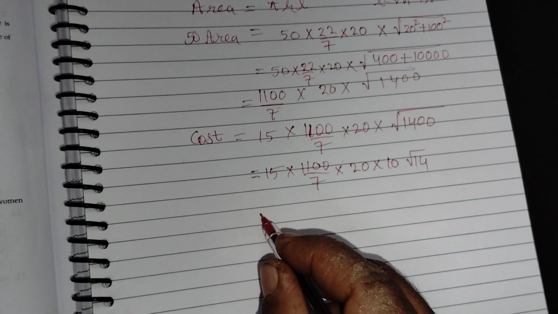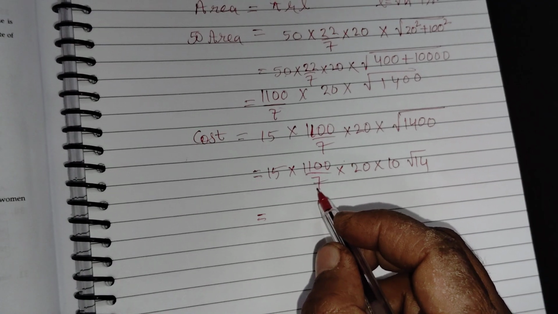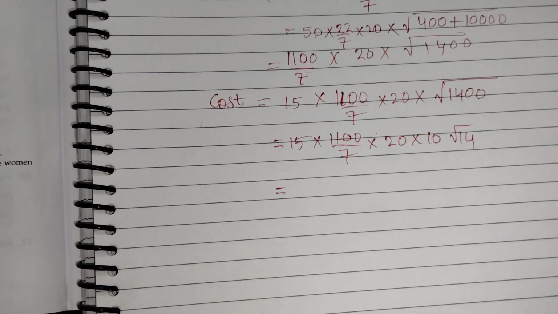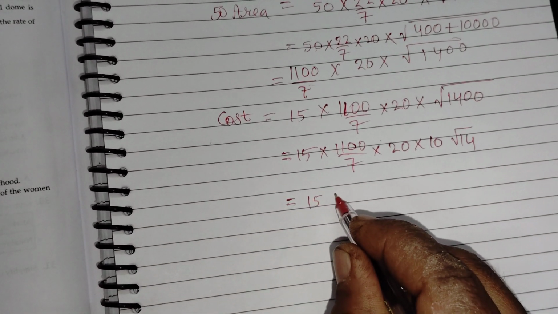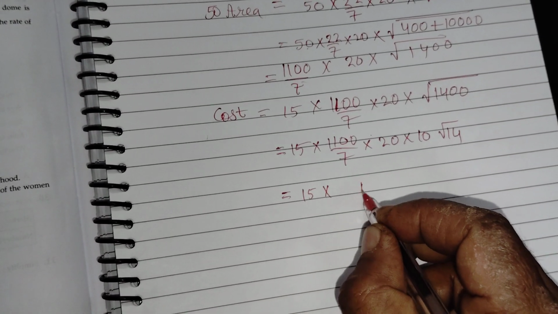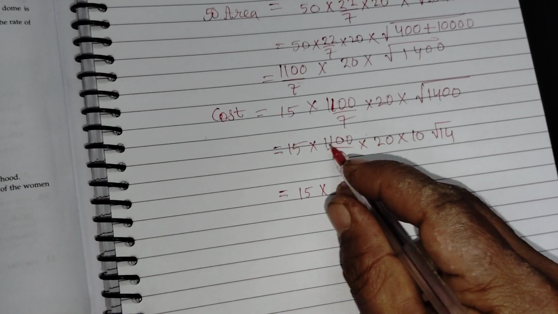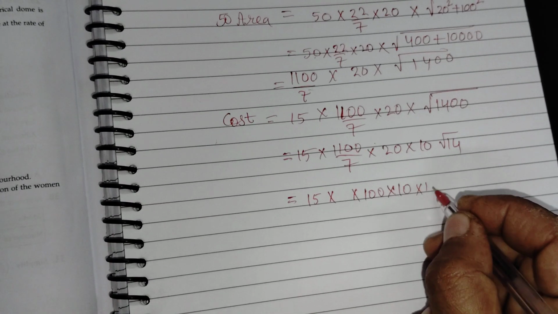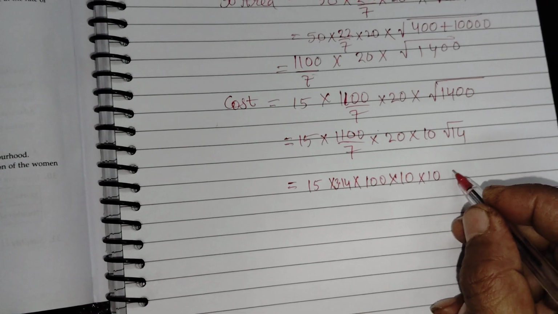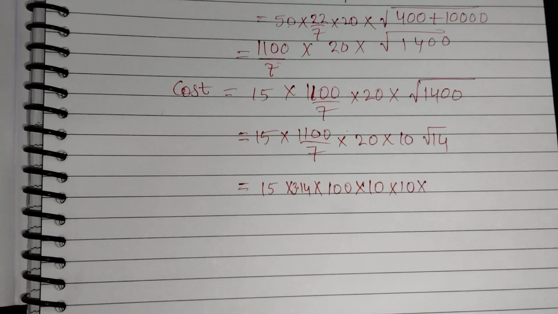The question says taking pi as 3.14, so 1100 divided by 100 is written as 11 by 7, and we take 22 by 7, meaning 3.14. The question says take under root 14 as under root 14. So the question has some mistake.